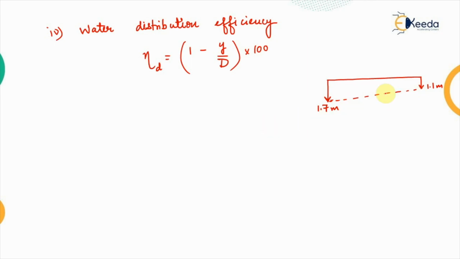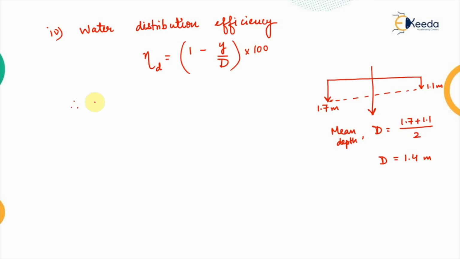This is the variation. Therefore the mean depth of penetration, represented by capital D, will be the average of these two values, that is 1.7 plus 1.1 by 2, that is 2.8 divided by 2. From here the capital D value is 1.4 meters.